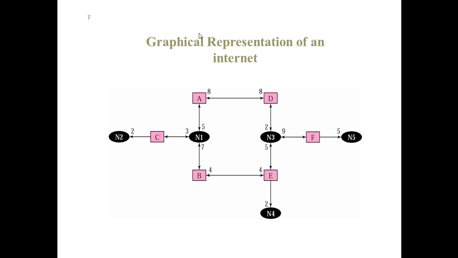You can see that all these links are connected via a bidirectional graph. This is point to point, this is not point to point, this is point to point, and so on. These are all different kinds of graphical representations of the internet.